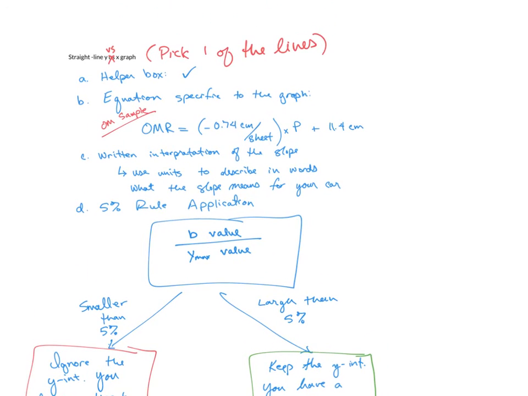We went over this yesterday. The very first thing that this question set asks you to do is include the helper box, which you should have done. So check, that's done already.